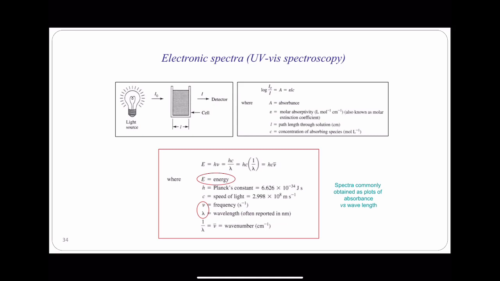We have some set distance, path length, through which the light travels, which is denoted as L. This is typically 1 centimeter.